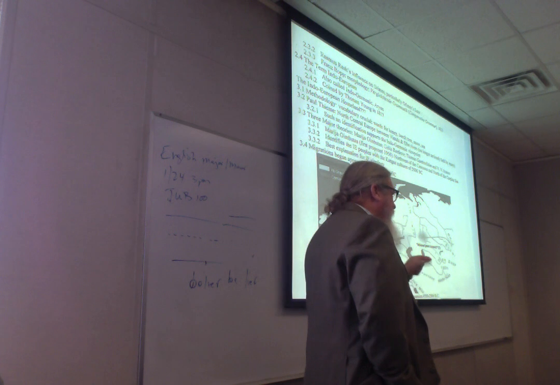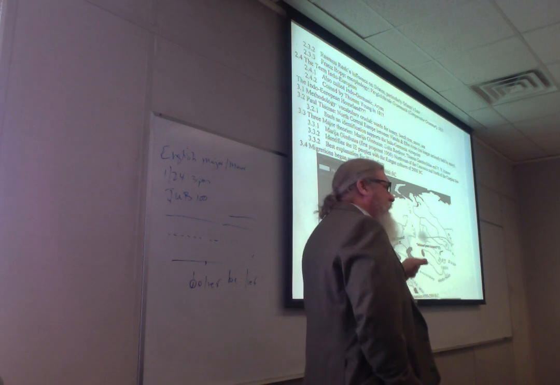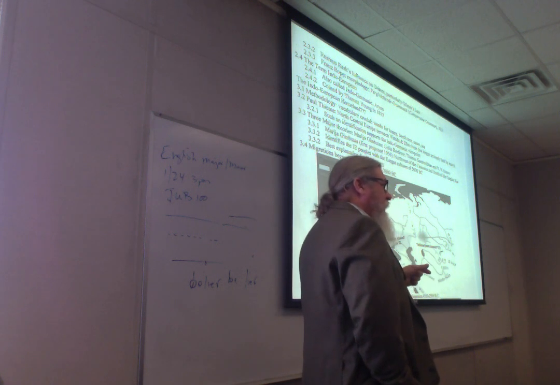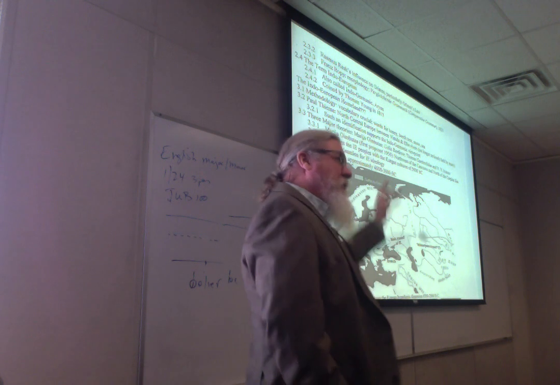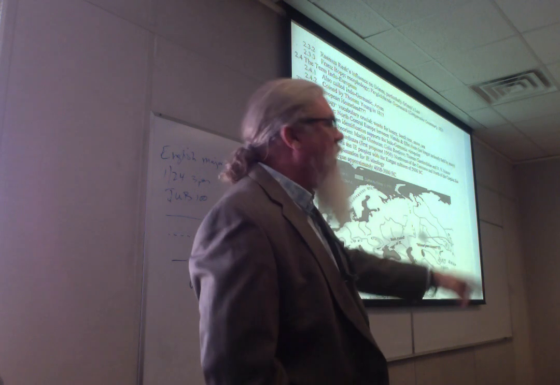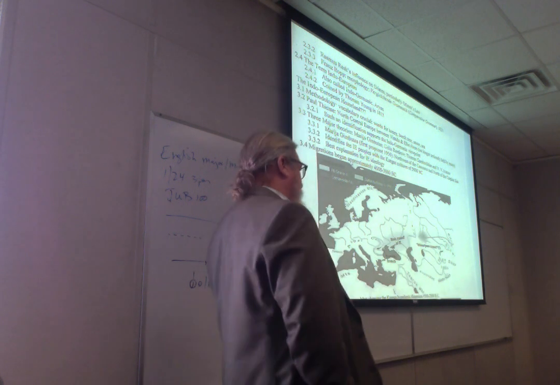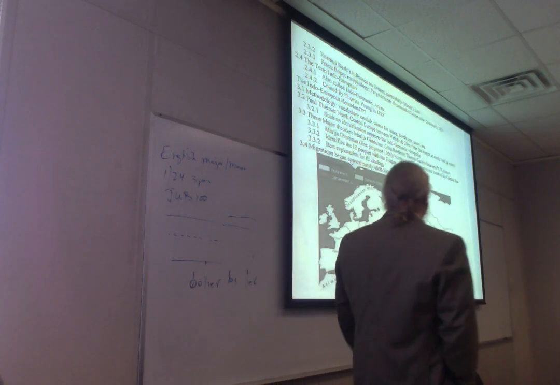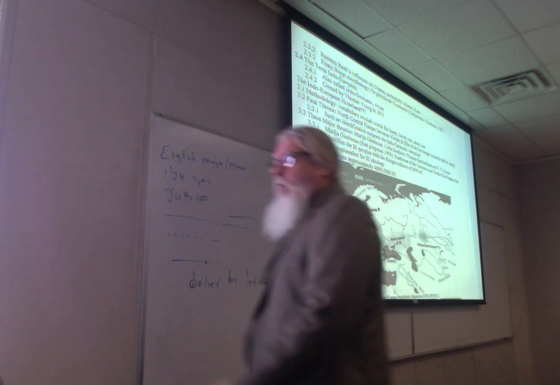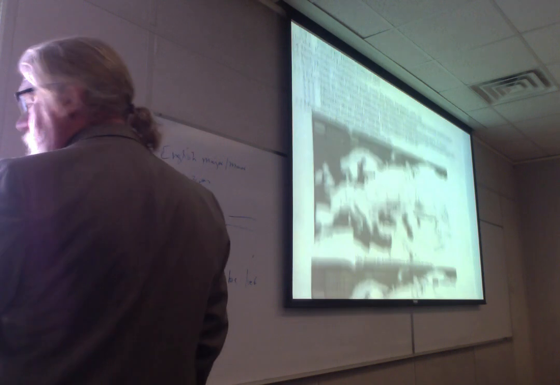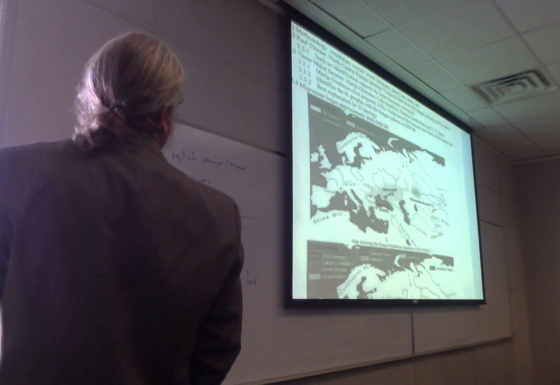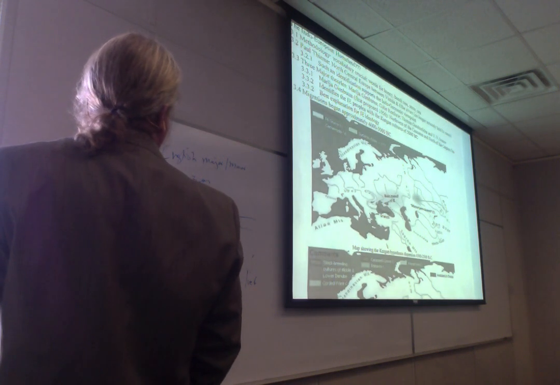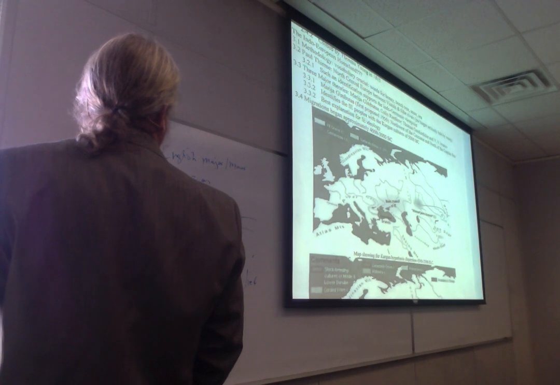He was the one who first started cracking the hieroglyphic code that Champollion then, based upon Young's work, finally deciphered the Rosetta Stone. Okay? Now, if you're going to talk about Indo-European, you've got to talk about who these people were, where they came from.